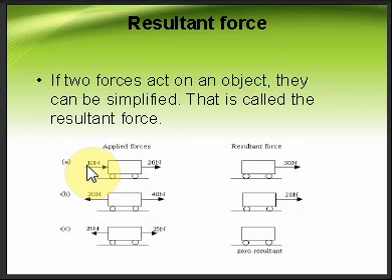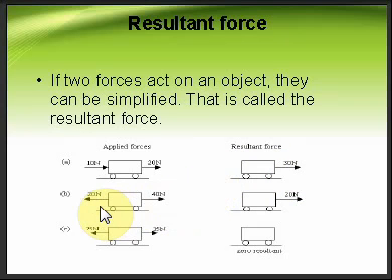You have 10 Newtons acting towards the object, and 20 Newtons pulling the object. The resultant force could be 30 Newtons because one force is pulling, the other is pushing.